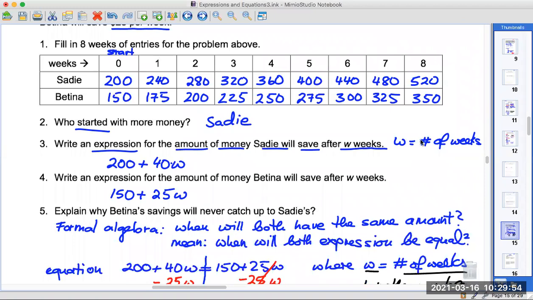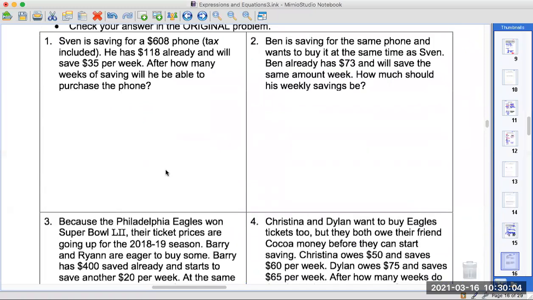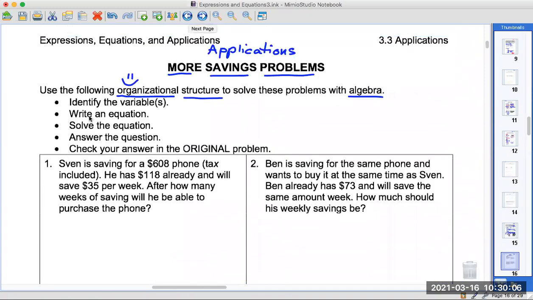But I use W for weeks because that's a good reminder what W is, but you need to write it down. Okay, so that's called identifying a variable. And so we're going to do that each time. Then we have to write an equation, solve it, answer the question with a sentence usually, and then check your answer. And I'm always lacking on that last part, but it's a good study habit to start, okay?